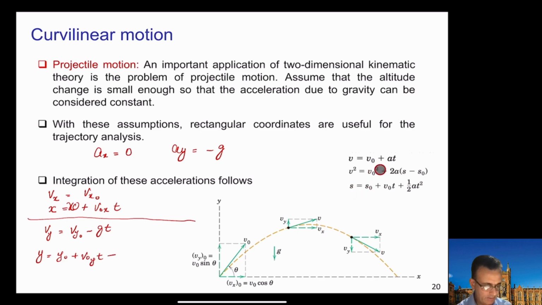And if you use g here, that will become minus half g t squared. So this will be the equation if you want to calculate, for example, this distance here, the y distance at any instant of time of the projectile. You can use this equation here, and these four equations will be available in the formula sheet in the exam.